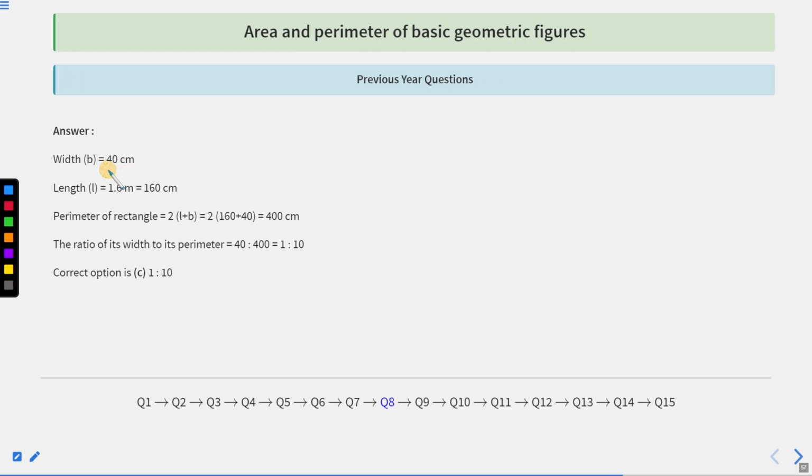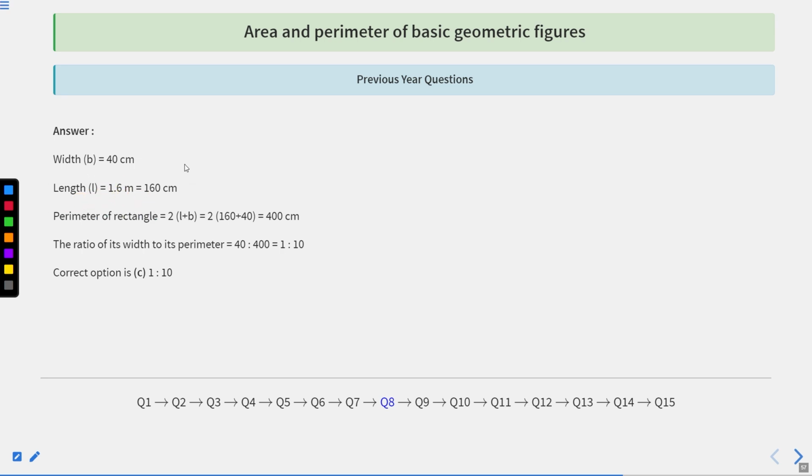So width B is equal to 40 centimeter and length is 1.6 meters. First of all, we have to make sure that all the units of length are the same. Width is in centimeters and length is in meters. So either width should be converted to meters or length should be converted to centimeters.